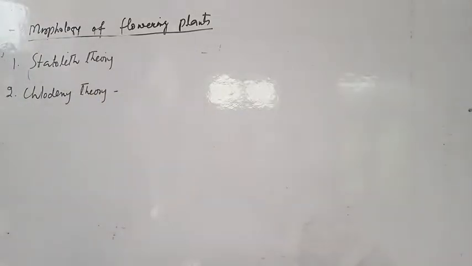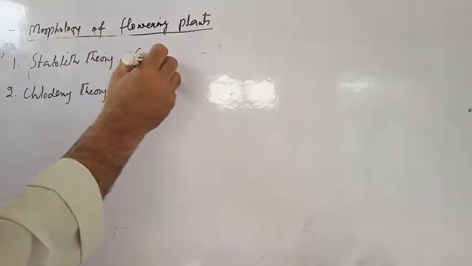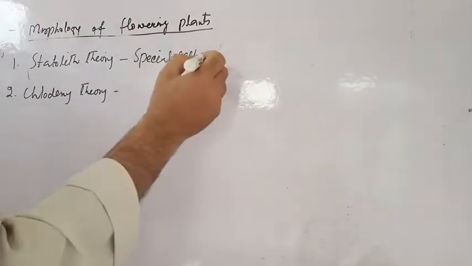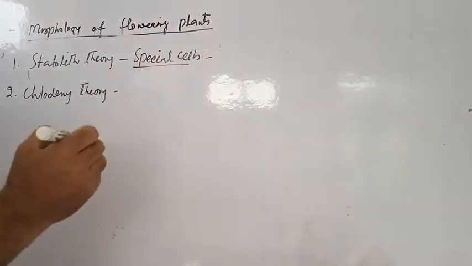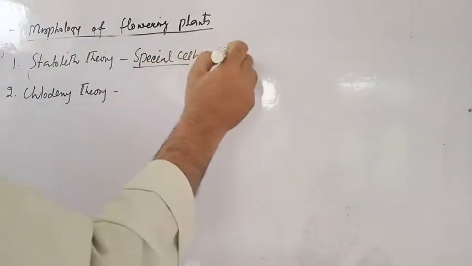Statolith theory says that a root cap possesses some special cells called statocytes. That is, it has some special cells which are called statocytes.